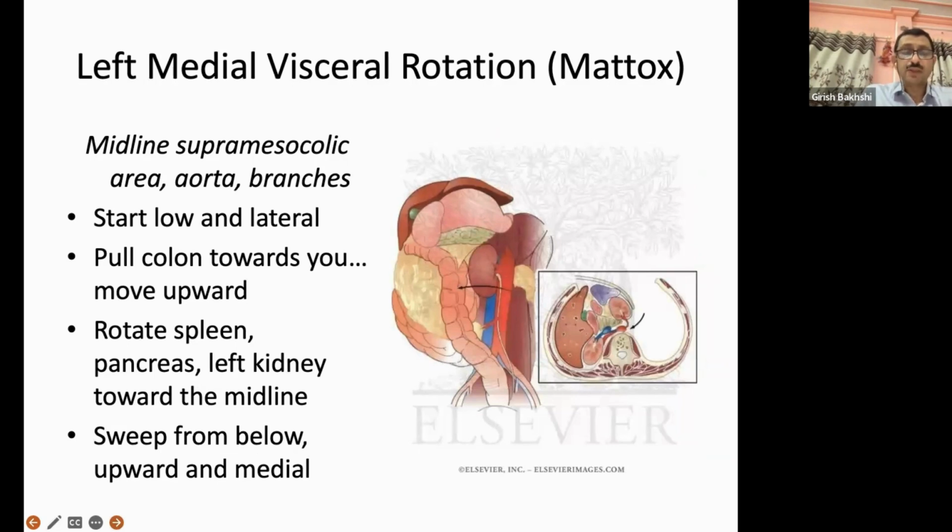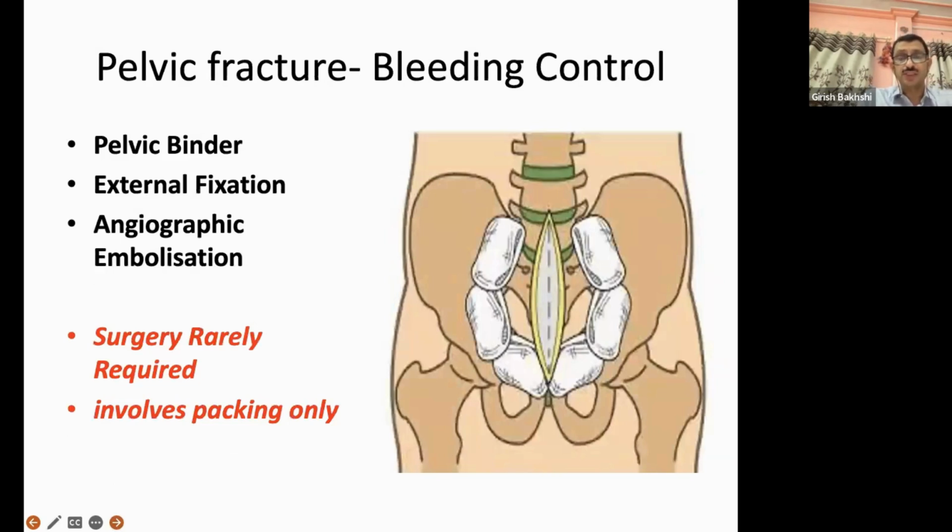So these are some of the procedures which should be done by experts who have done these trauma surgeries. If there's a pelvic fracture and the patient is bleeding, normally it is recommended that you do a pelvic binder initially or an external fixator, and then you can shift this patient to the interventional radiology suite for angiographic embolization. However, all the centers may not have interventional radiology.